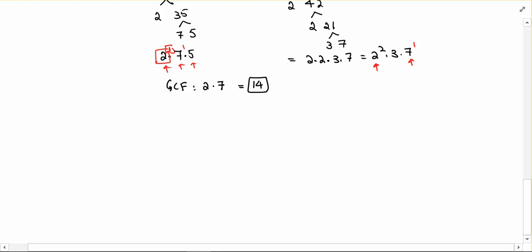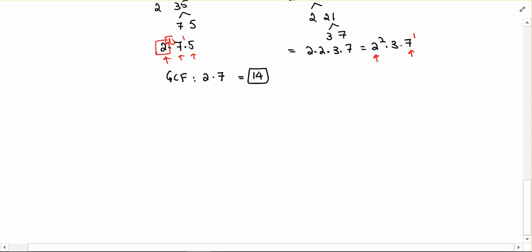Does this hold true for variables? And the answer is yes. So let's say we have, for example, a to the 2nd b to the 7th, a to the 4th b, and a to the 8th b to the 2nd. So let's find the GCF. a is common to all.